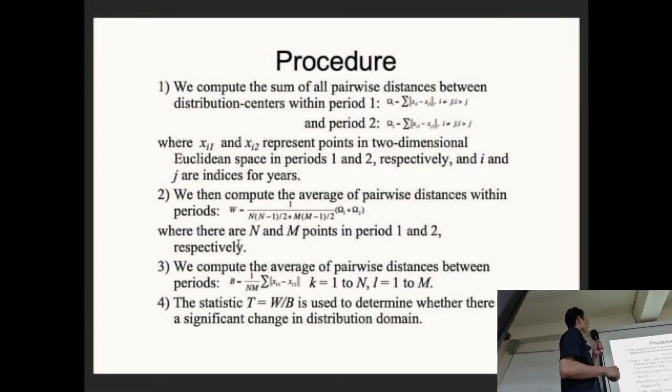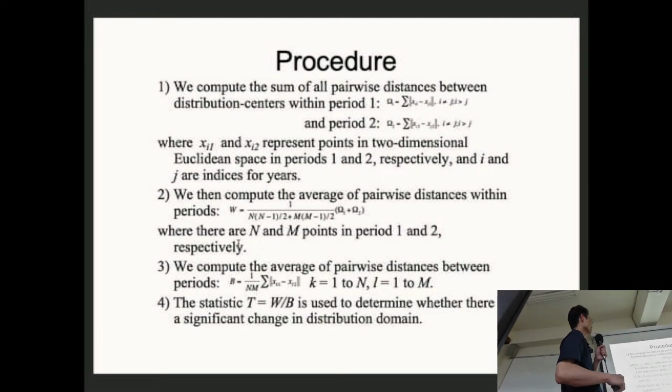Then we calculate the pairwise distance between. So you create the statistic T equal to W divided by B.